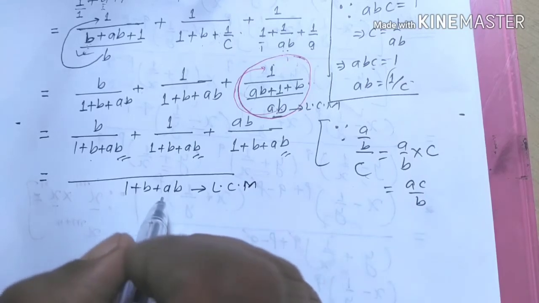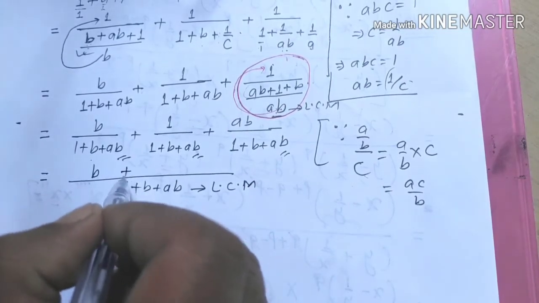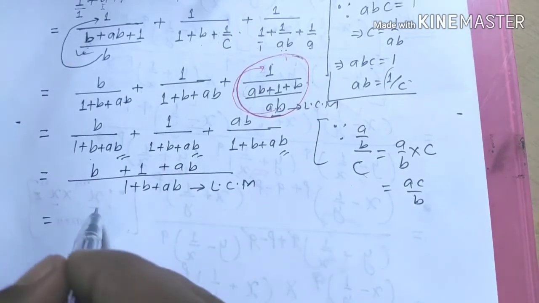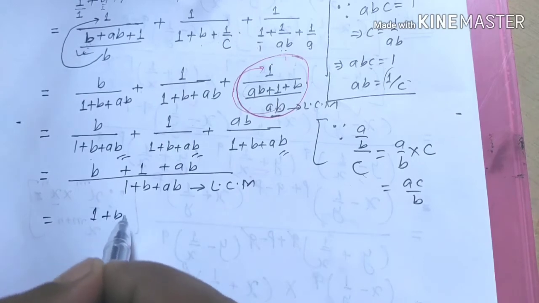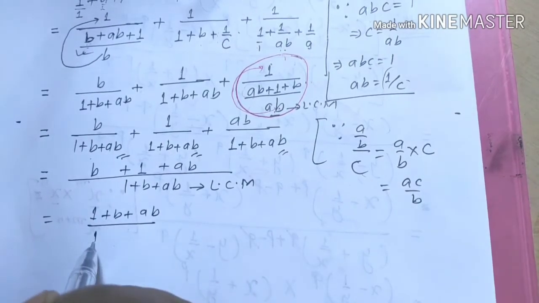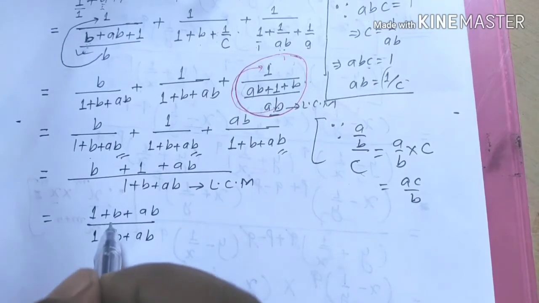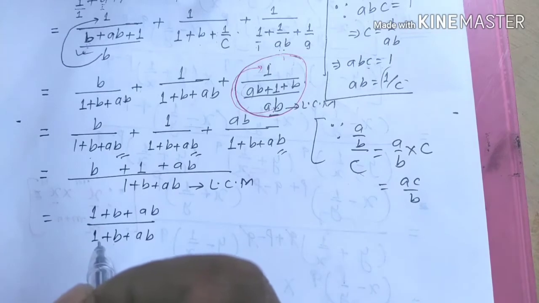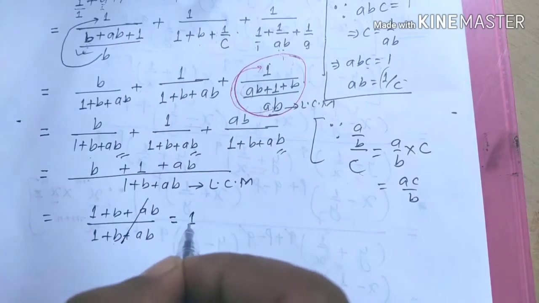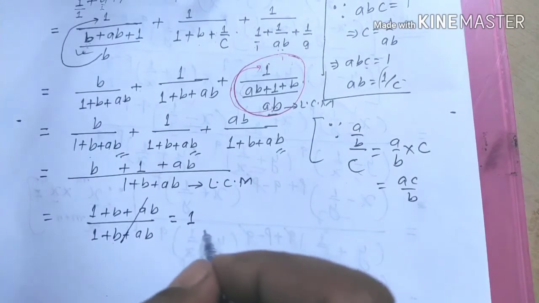When this LCM is divided by 1 plus B plus AB, we will get B. Similarly 1, similarly AB. This implies 1 plus B plus AB over this 1 plus B plus AB. Up and down, in the numerator and the denominator, we have the same term, so they cancel out each other, so this is equal to 1, which is our required answer, which is proved.